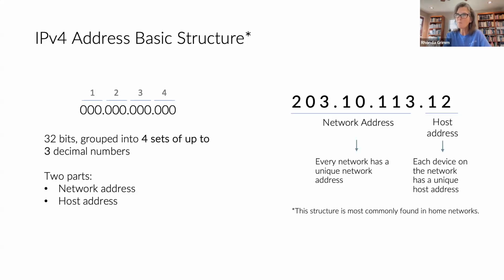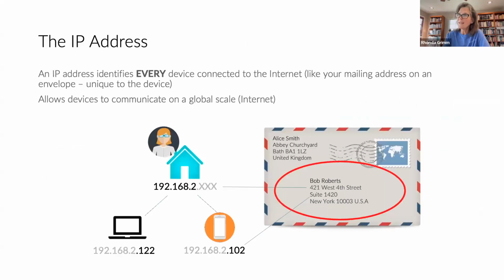But for our purposes, and what you'll run into the most, the network address is typically the first 3 sets, and the host address is typically the last set. So every network has a unique network address, and every device on the network has a unique host address. So that's what you'll typically see.